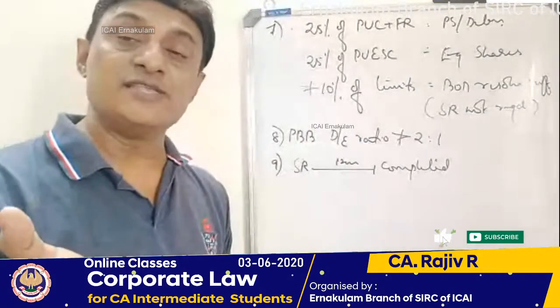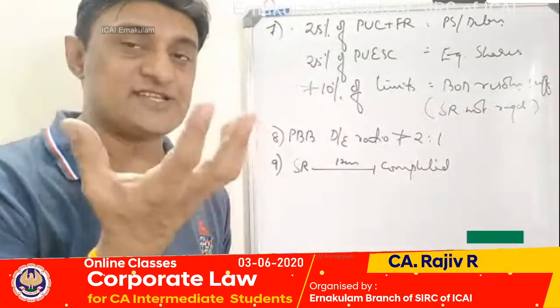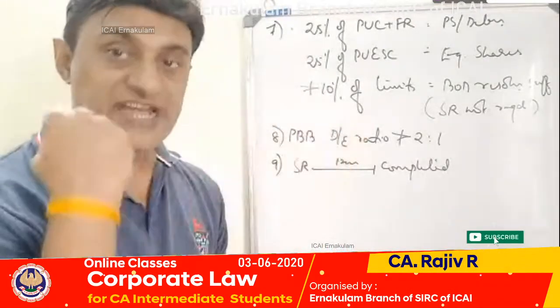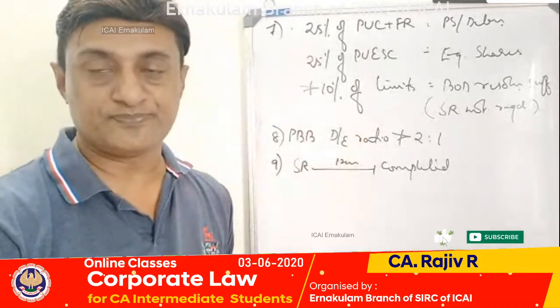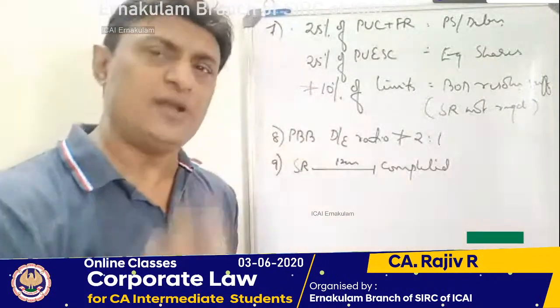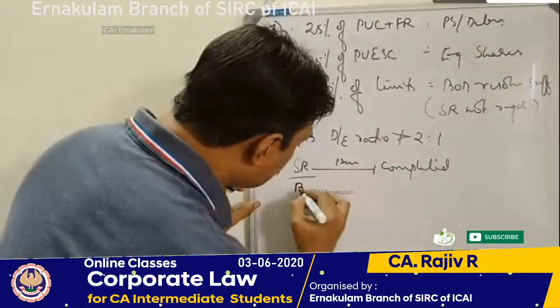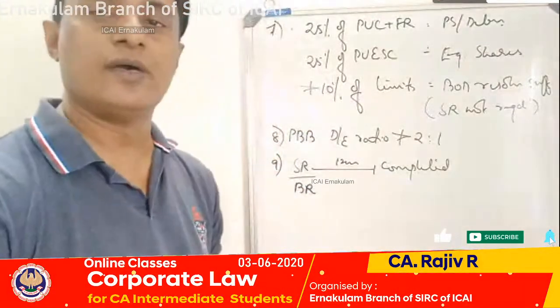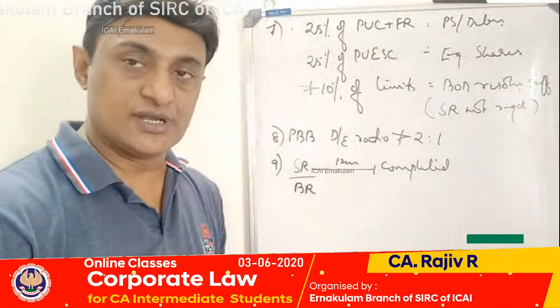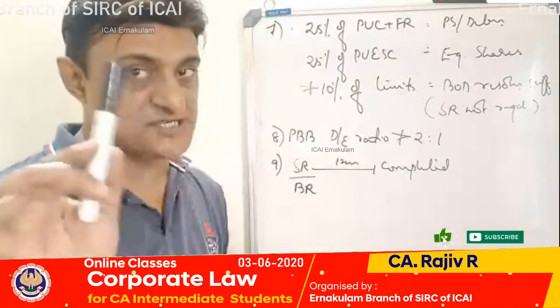Even after 12 months are over of opening an issue, if there are still some calls due, those shares must be forfeited. Similarly here, from the date of that resolution, within 12 months, the entire procedure must be completed.